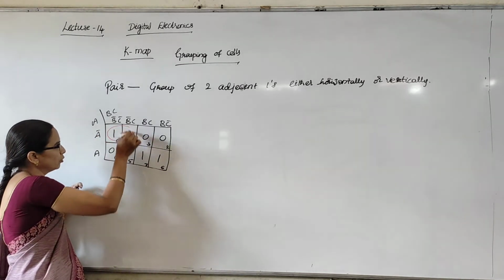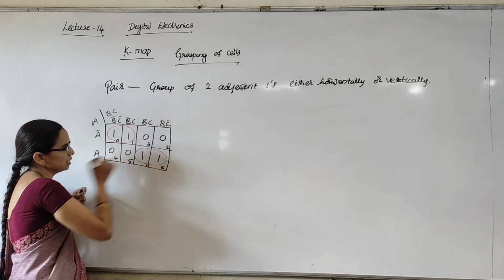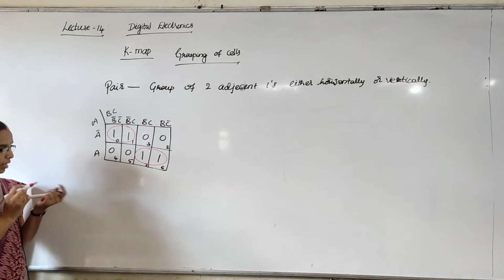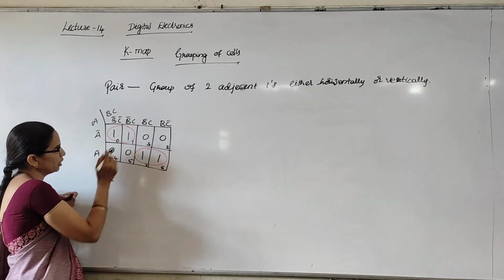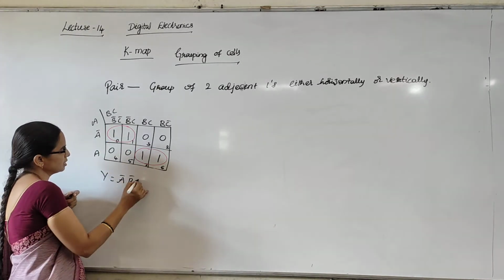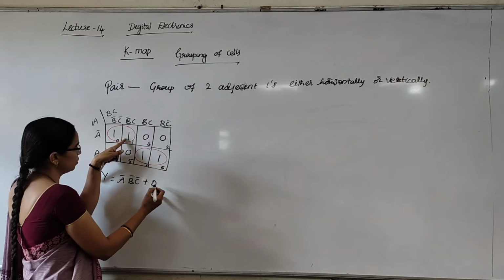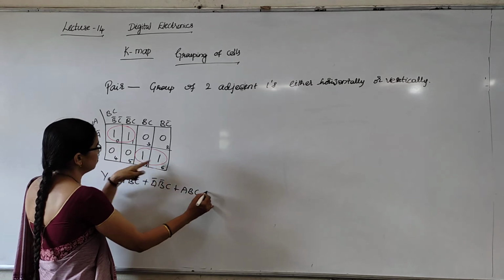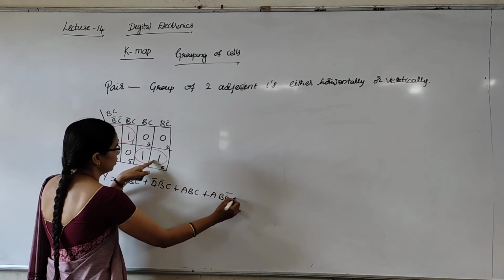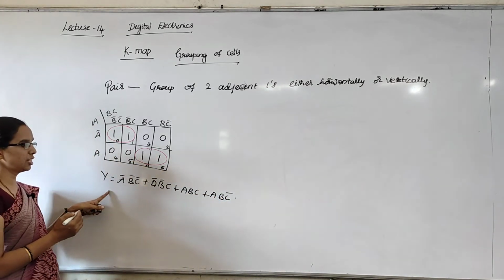I will make a group of these two ones and these two ones. If I write the Boolean expression for the corresponding ones: A bar, B bar, C bar, plus for this one A bar, B bar, C, plus this one A, B, C, plus A, B, C bar. This is the Boolean expression.